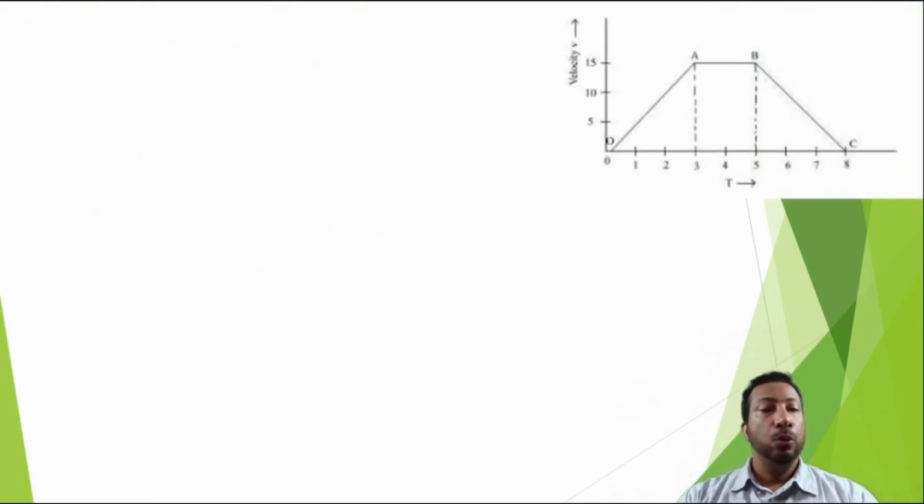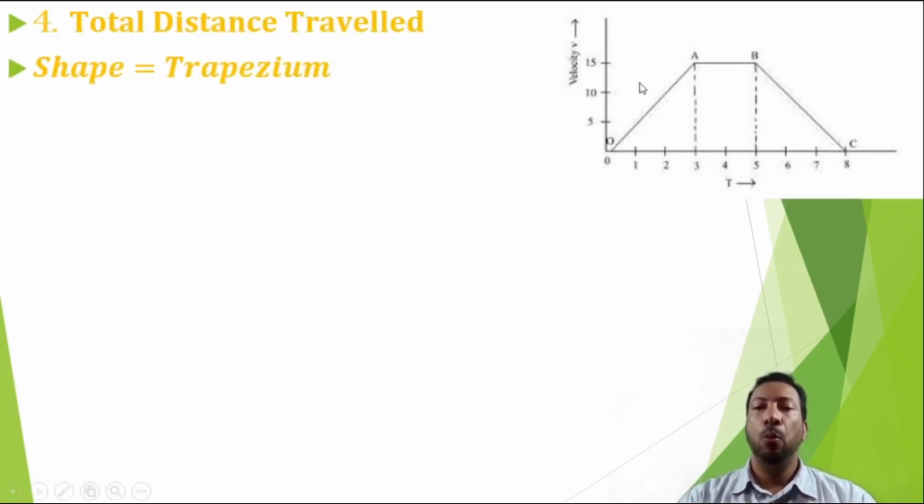Let's say you want to do it quickly and easily in one basic step. You could look at this graph and see overall just one trapezium. What is a trapezium again? It is a four-sided figure that has one pair of parallel sides.